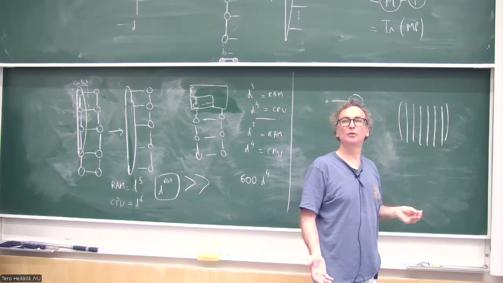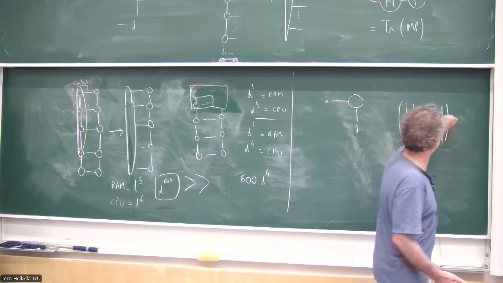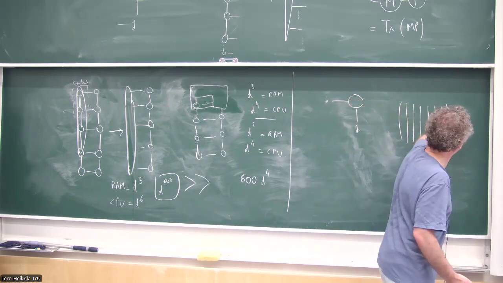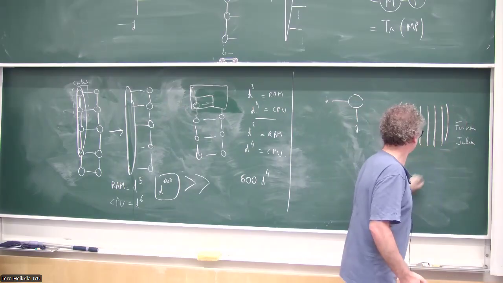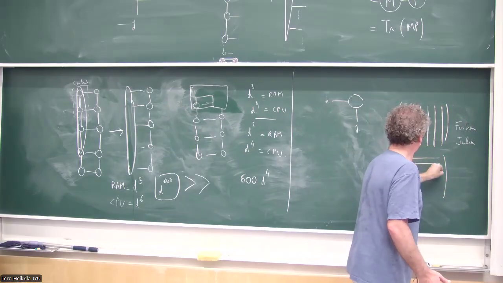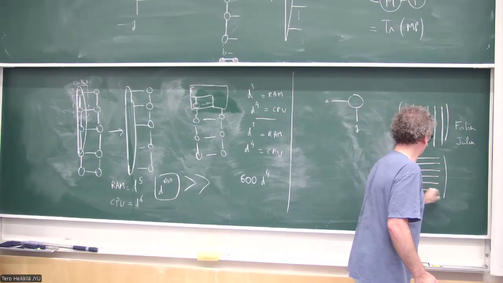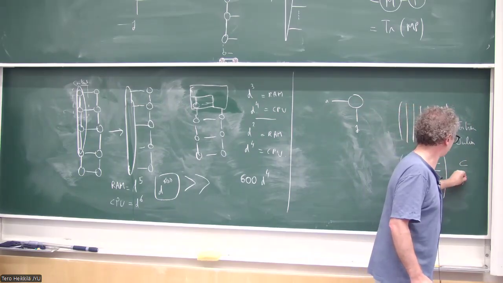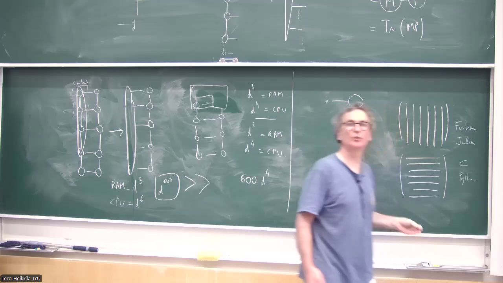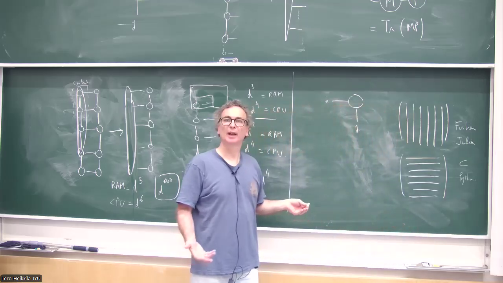It's what you would do if you are using Fortran. This is the basic convention in Fortran, and I think also in Julia. Or it will put things one row after the other. This is what you do in C. This is what you do in Python. Doesn't really matter, but this is what you do.